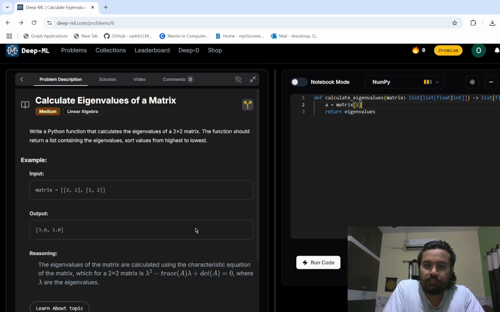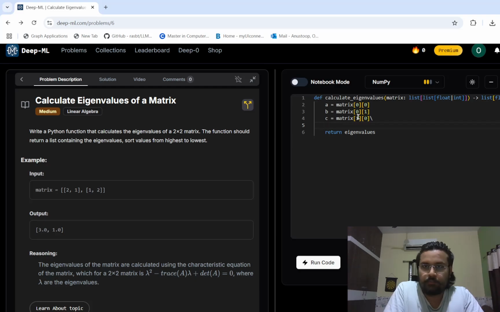So this is matrix I0, B is matrix of I1, C is matrix of 0, 0, 0, 0, 0, 1. A, B, C is this.